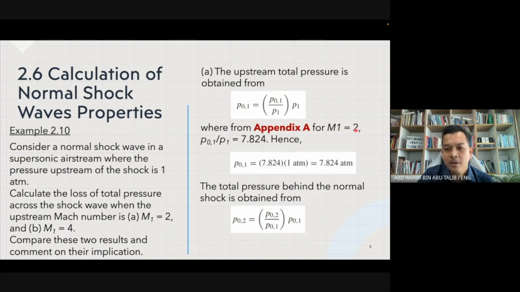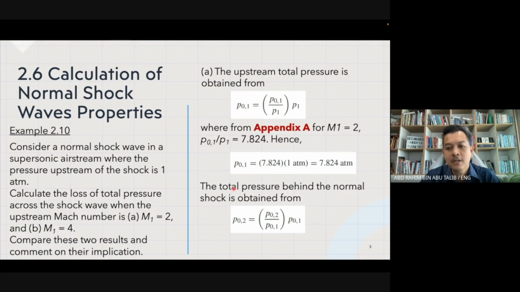We are going to go into Appendix A and look into the value for M1 equal to 2, and then we will get the corresponding P01 over P1. So we will collect the value there, 7.824. Then you can obtain P01 to become 7.824 atm.